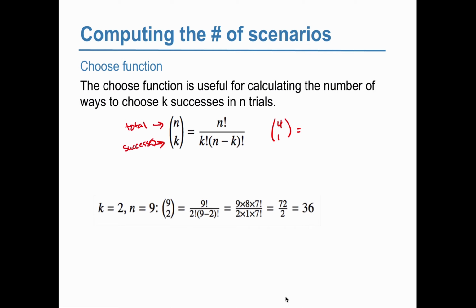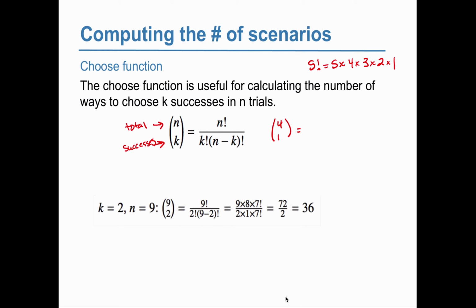Let's remind ourselves what factorial means. Factorial means that you multiply all the positive integers less than or equal to that number. So 5 factorial is 5 times 4 times 3 times 2 times 1.